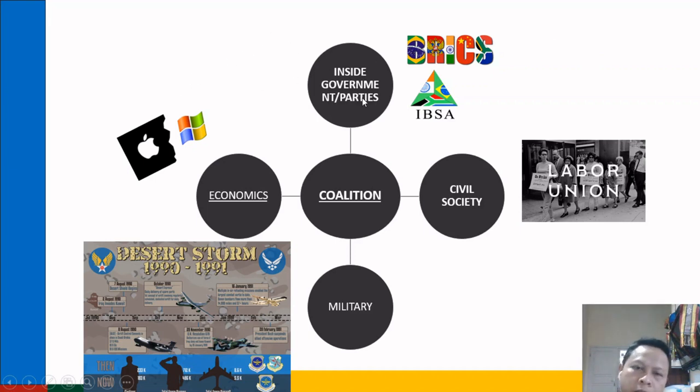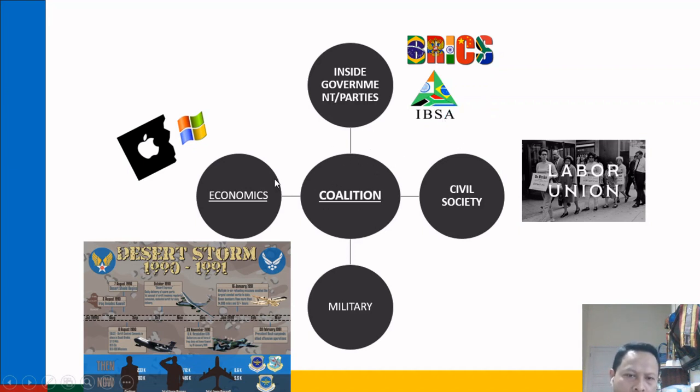The next is coalition, which is a short-term cooperation. As we know, there are coalitions in our parliament, like Koalisi Indonesia Hebat and Koalisi Merah Putih, which are also coalitions, but inside the government. In terms of IR, I think BRICS is one easy example. This is a coalition because it is not permanent and is an incidental event. BRICS: Brazil, Russia, India, China, South Africa, and IBSA is India, Brazil, and South Africa.